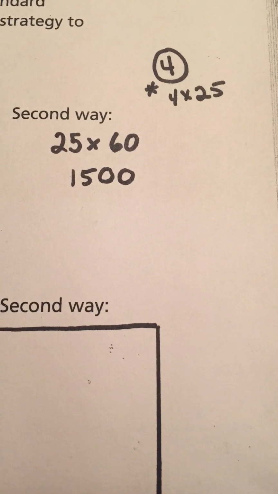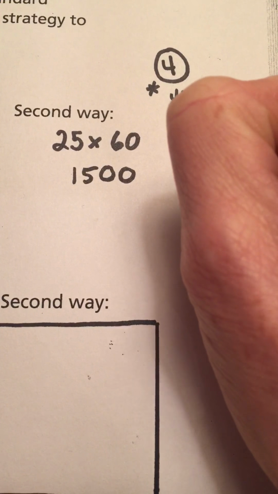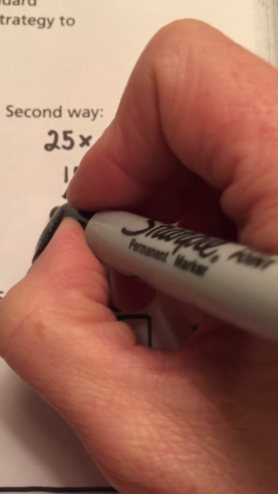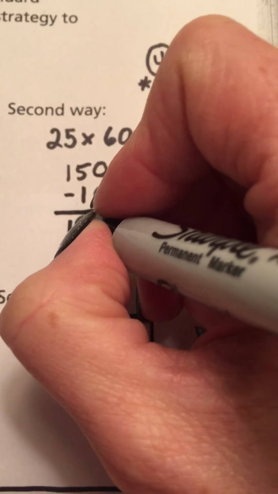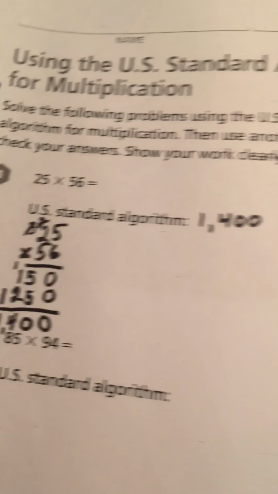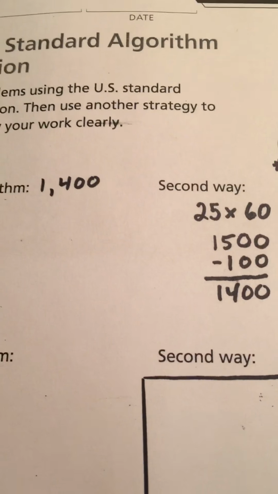Now I have to remember to go back and take away the 4 groups of 25, which equal 100. So if I take 100 away from 1,500, I end up with the same answer as I did over here. Okay, so that's great. That worked out.